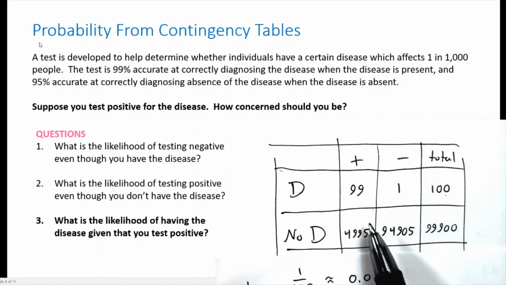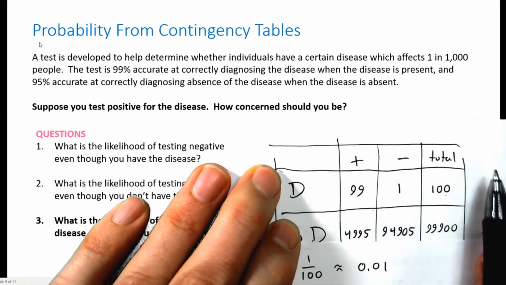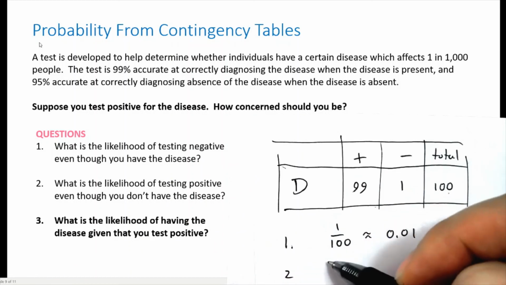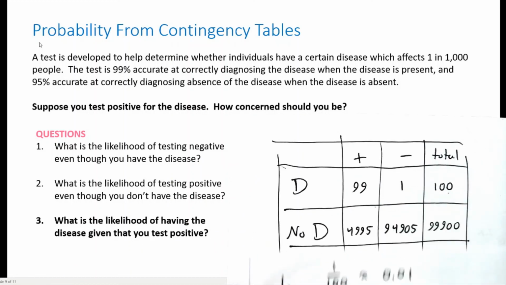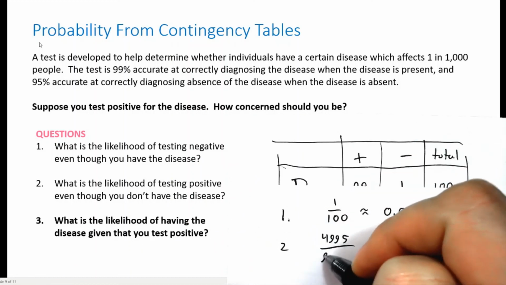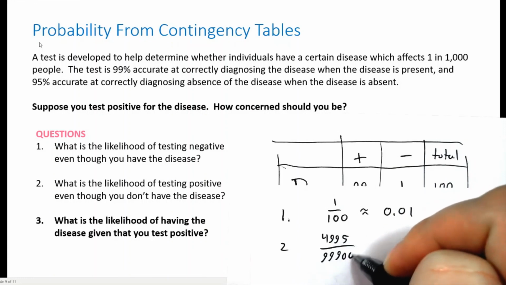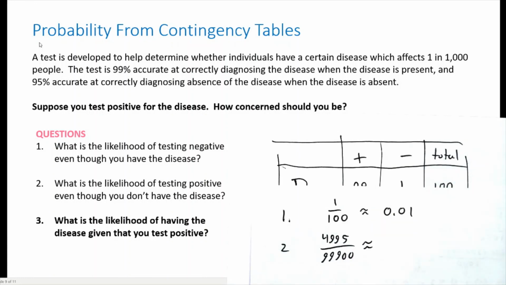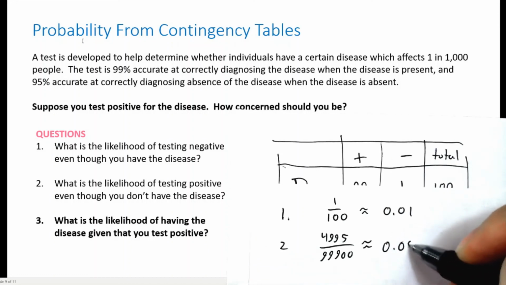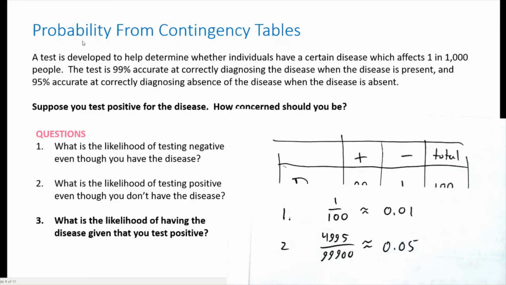Well, it's 4,995 divided by 99,900. What's that going to be? Well, that's 0.05.